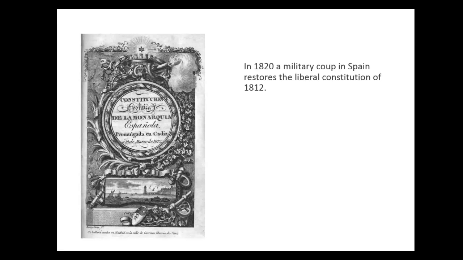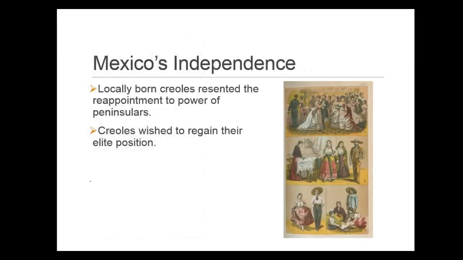The mystique of the monarchy suffered, and many formerly royalist Mexican Creoles felt betrayed. Moreover, the Creoles resented the reappointment to power of Peninsulares.